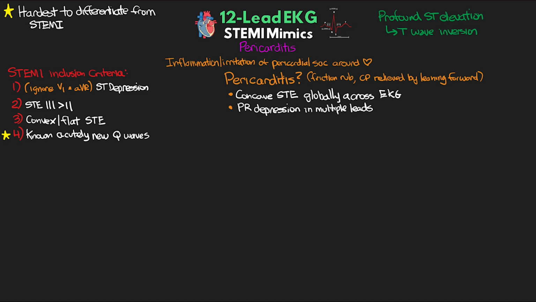That being said, patients with STEMIs still can have PR depression sometimes, so this doesn't necessarily mean you're having pericarditis if you see this. Now, along the lines with PR depression, we also can see something that we call a Spodick sign, which is a downsloping, almost stepwise decrease in amplitude or height of our ST segment, TP segment, and PR segments.